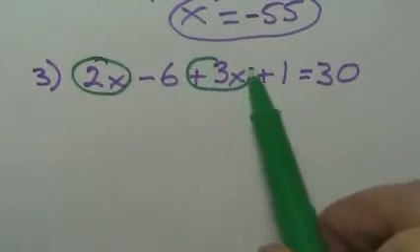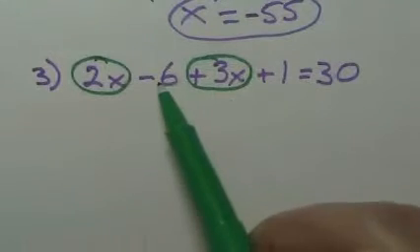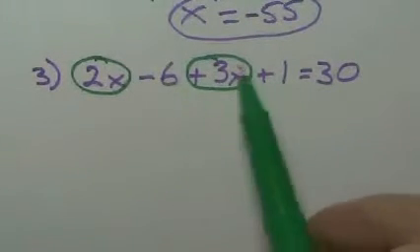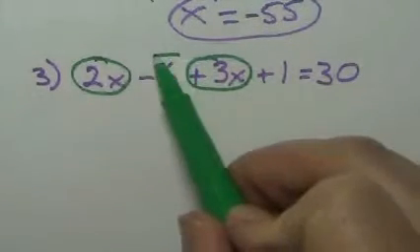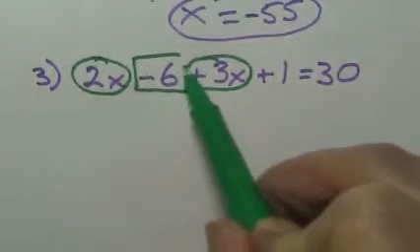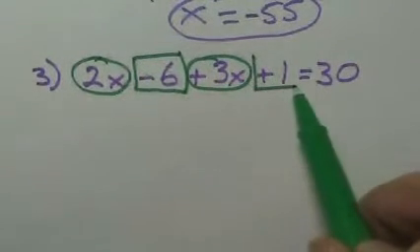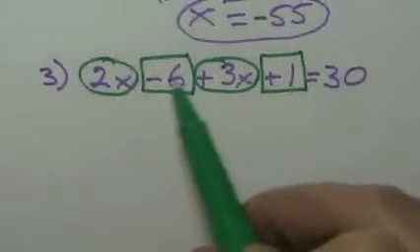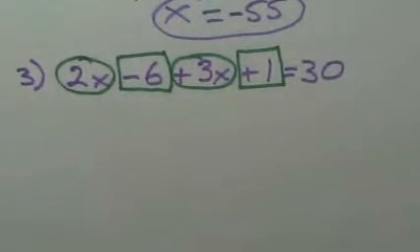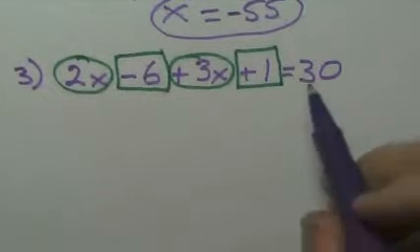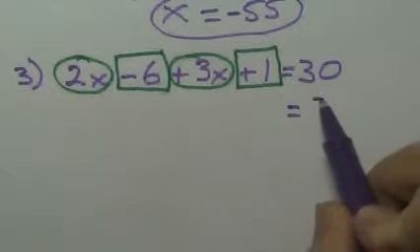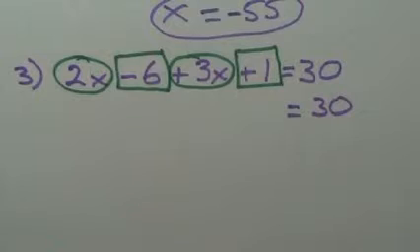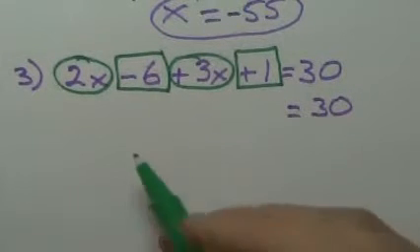And then look at your numbers, your constants, if you will. I have a negative 6, I'm going to put a square around that, and a plus 1. Those we can combine, and the x's we can combine. And then on the right side, you just have 30. Okay, so let's combine like terms.